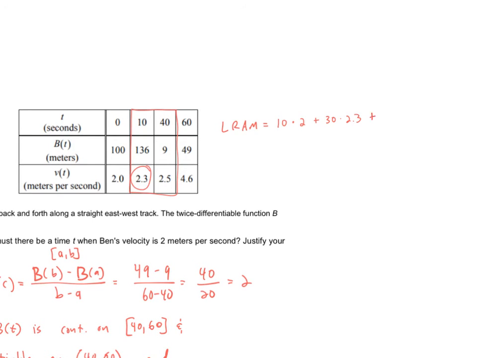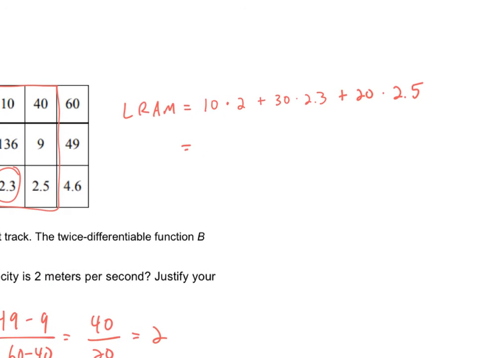And for the last one, the width is 20, just 60 minus 40, and then the height we'll use is 2.5. And just 20 plus 69 plus 50. Okay, so this is 139.